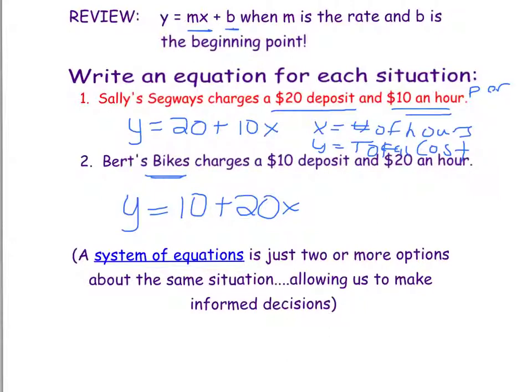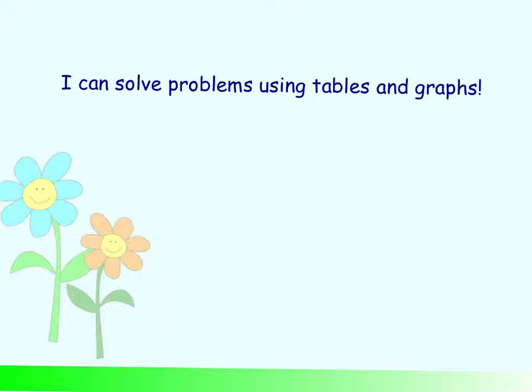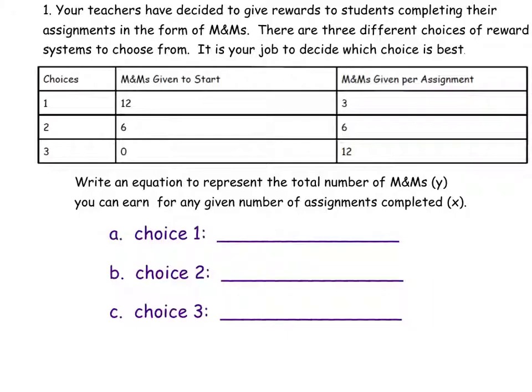But we're going to be looking at over the next 16, 17, 18 days how to solve a system of equations like this. So today, while it is the intro to systems, we're going to really be looking at solving problems using tables and graphs as a way to introduce you to what a system looks like and what we can do with it.